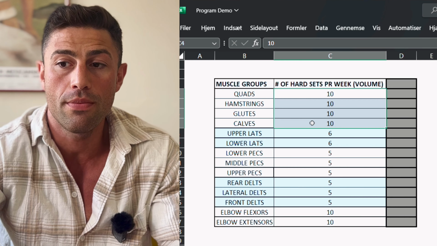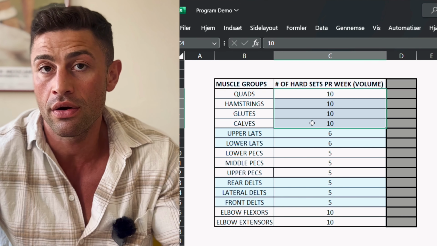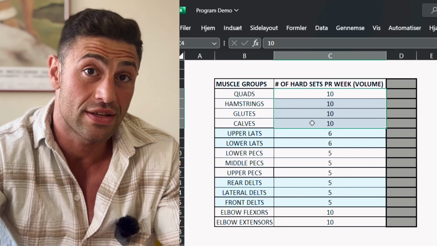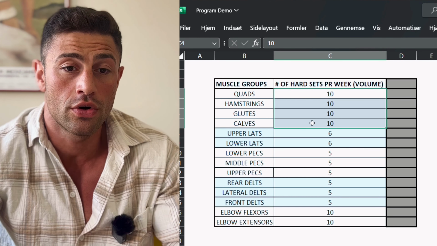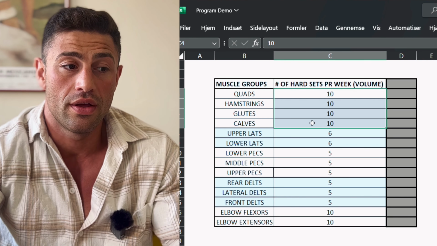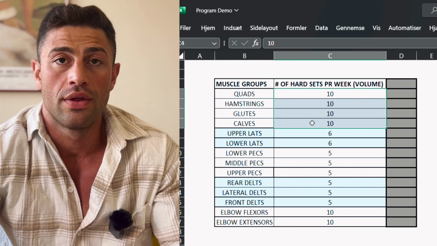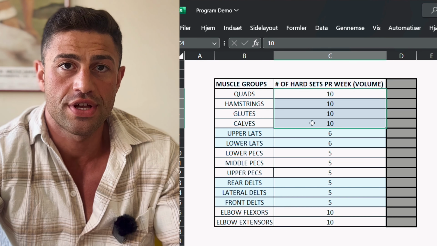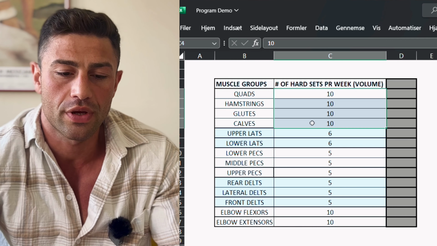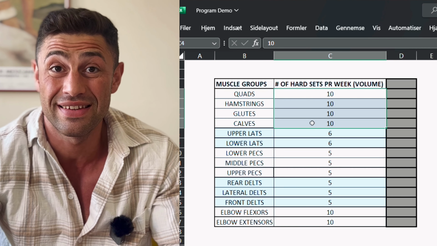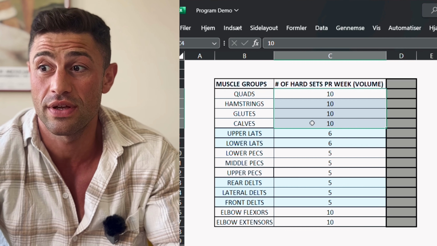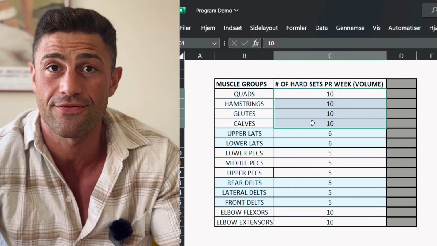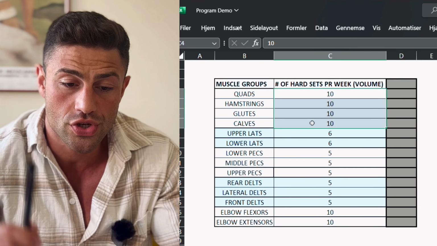So the more beginner-ish you are, the more sets you're probably going to need, and the more hardcore, intermediate, or advanced you are, the fewer sets you're going to need. Because advanced people don't lack technique. They can perform exercises with closed eyes, and they can push themselves to the point of near death. So just keep that in mind.